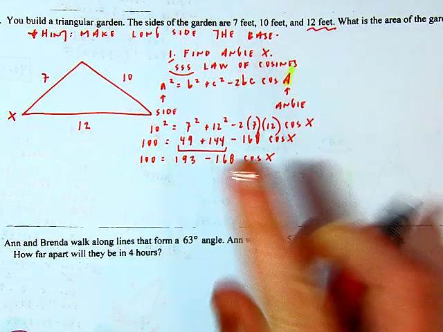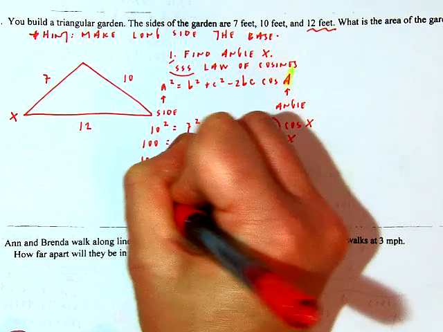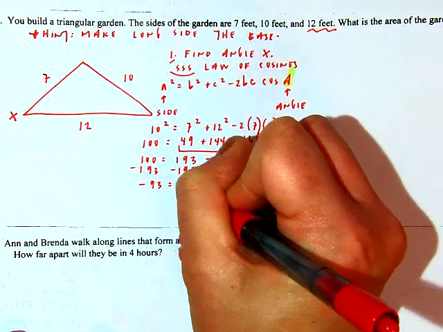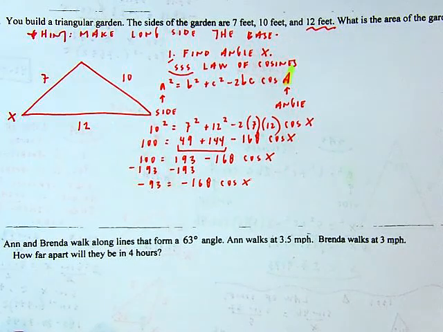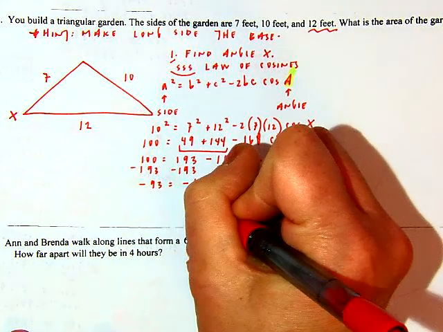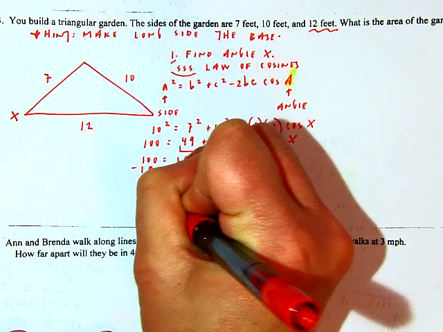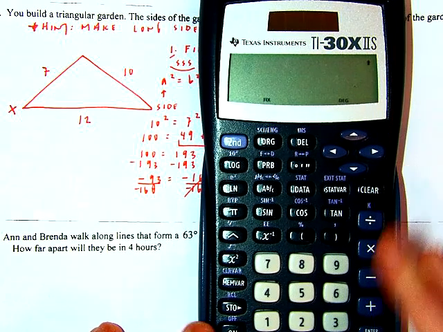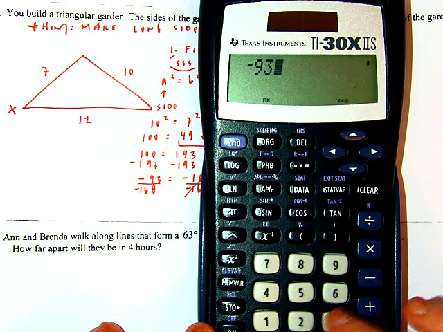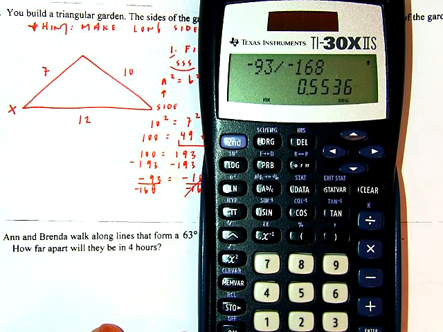All right, from here I can deduct the 193 from both sides. So negative 93 equals negative 168 times cosine x. Still working to get that cosine x by itself, so from here I can divide away the negative 168. Negative 93 divided by negative 168 gives a ratio of about 0.5536.